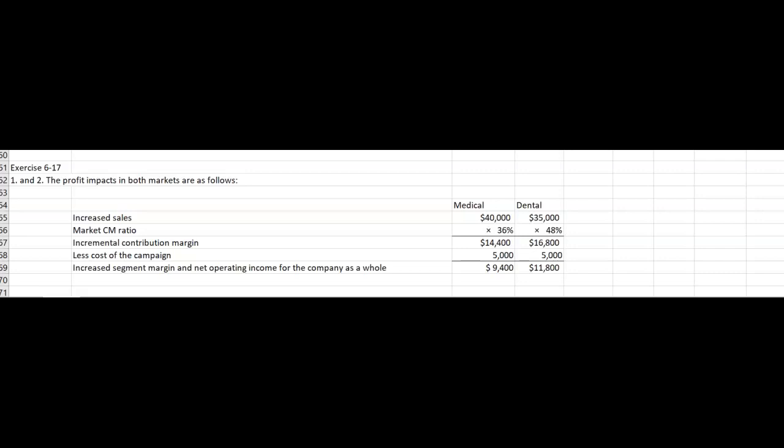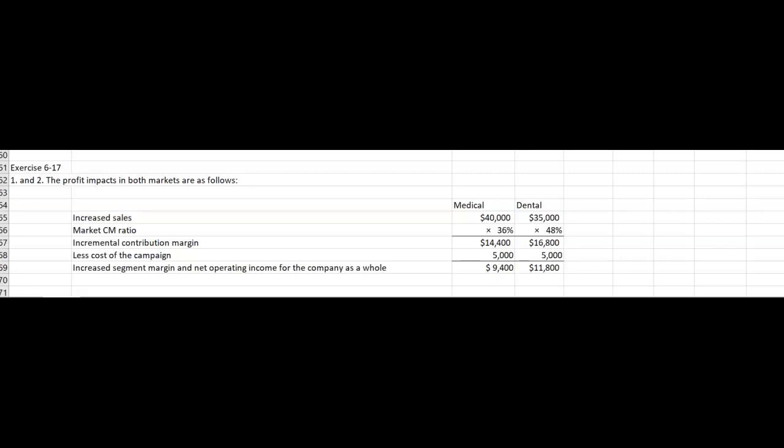The campaign would cost $5,000. Marketing studies indicate that such a campaign would increase sales in the medical market by $40,000 and increase sales in the dental market by $35,000.